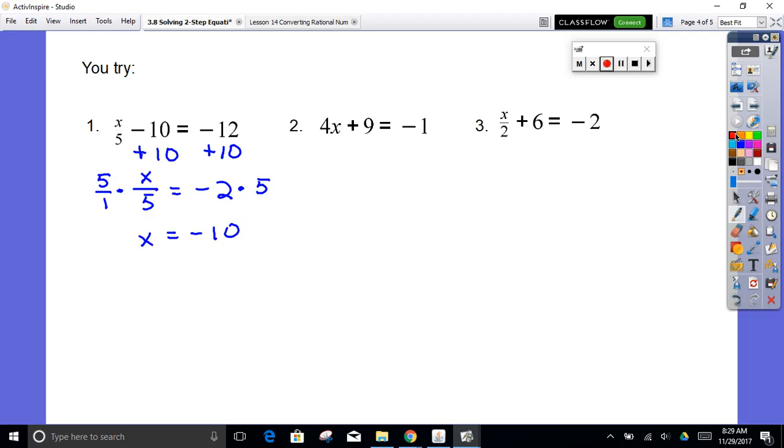First you subtract the 9 from both sides. Good. And then you get 4x equals -10. Good. And then you have to divide the 4x by 4 and the -10 by 4. Okay.